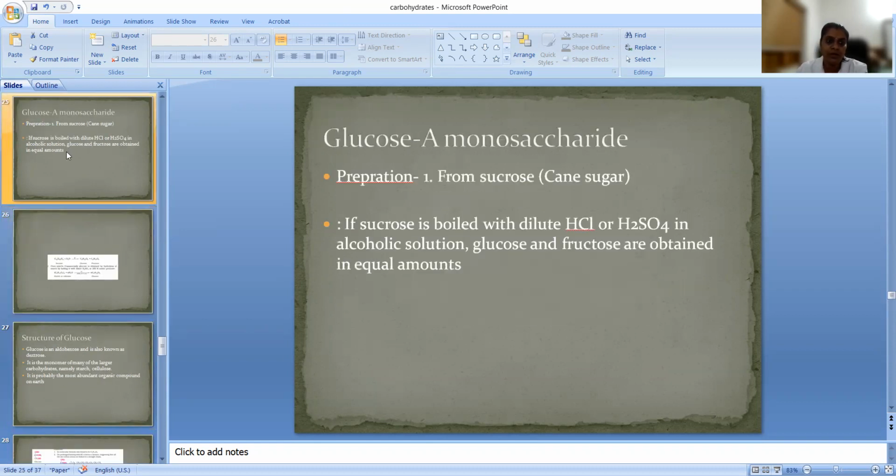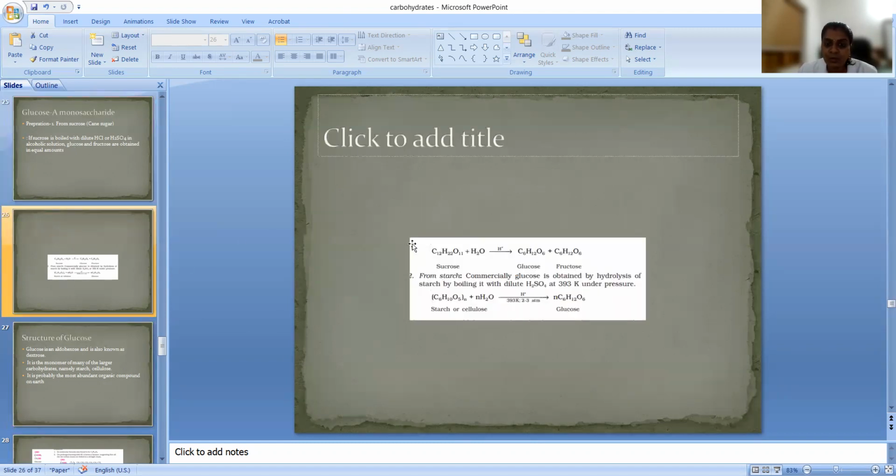Now we can learn about a monosaccharide. An example for a monosaccharide is glucose. How will we prepare glucose? Let us see first how we will prepare the glucose.